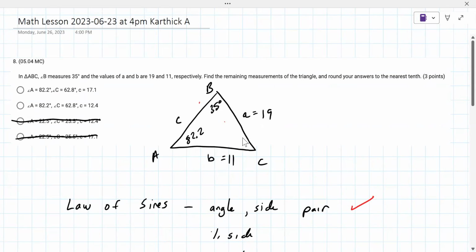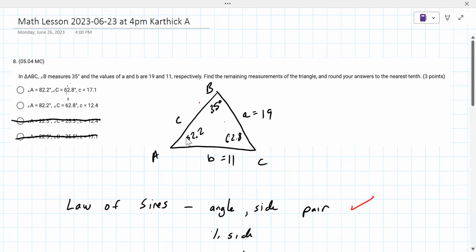So if you were to add 35 plus 82.2 and subtract that from 180, you would get angle C, which is 62.8, and they're both 62.8, so it doesn't help you, but that's how you get that.